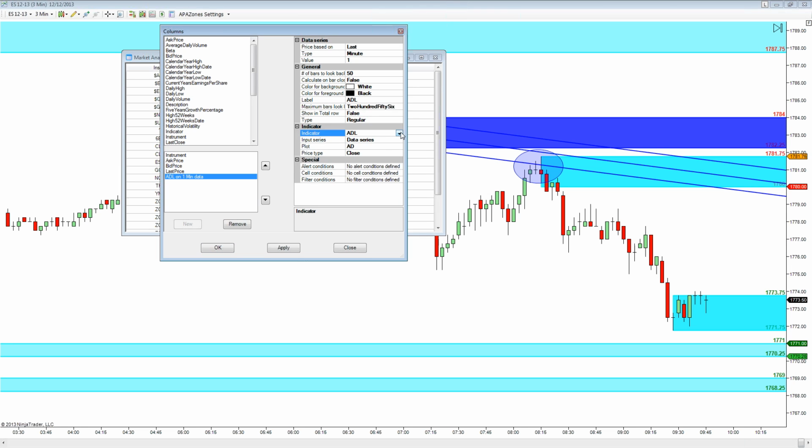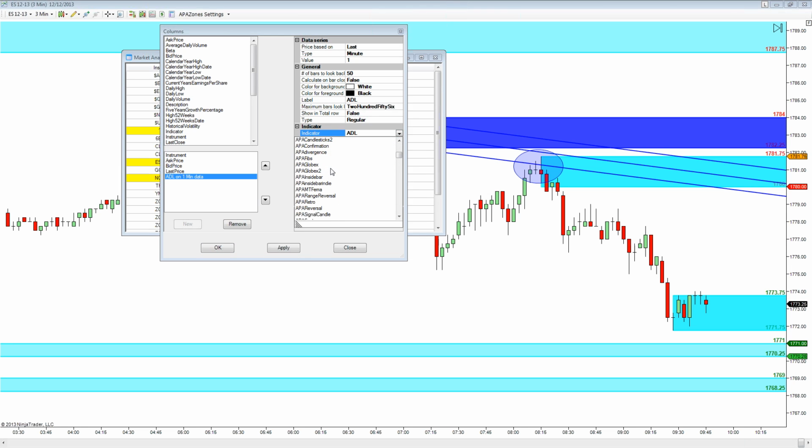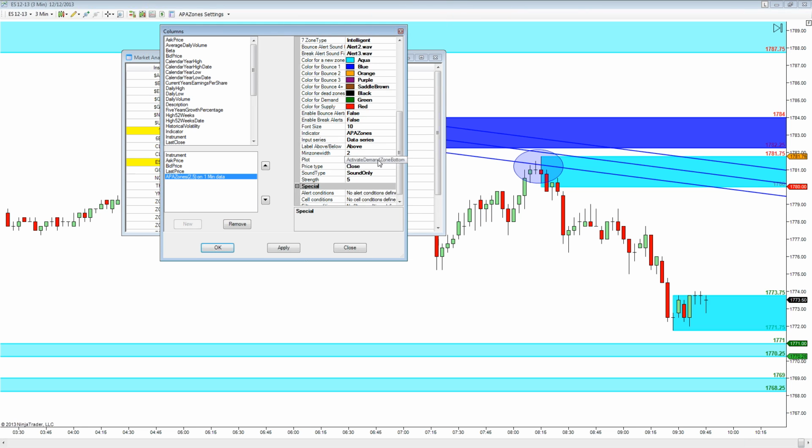And then here in the indicator, you select the APA zones. Okay. Now you can plot the active top of the demand zone or bottom and active supply zone top or bottom. Okay. So you can plot all of those.